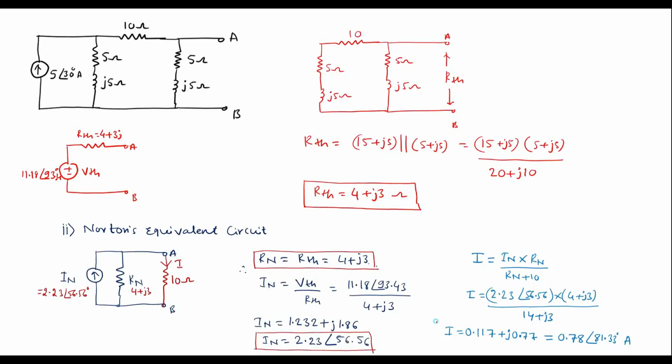So this is the current which flows through 10 ohm resistor connected across the terminal A and B.